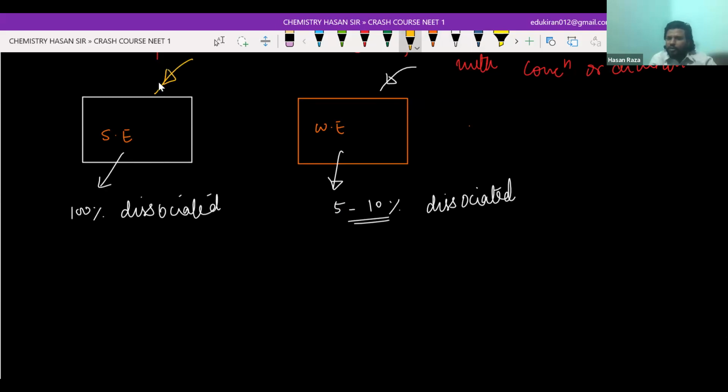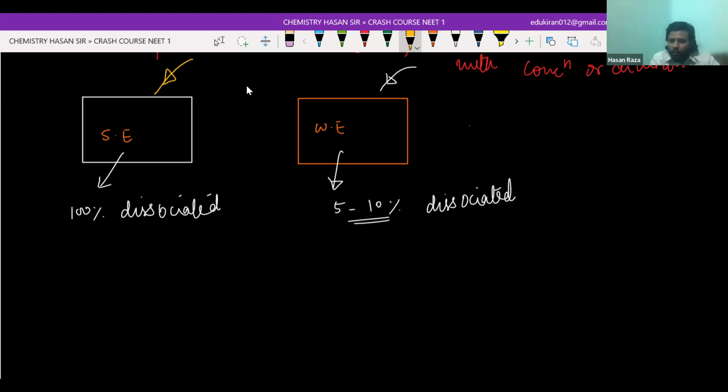And in this case also, as you know, when you dilute, the distance between ions will increase, and hence they will move faster and conduct more and more.